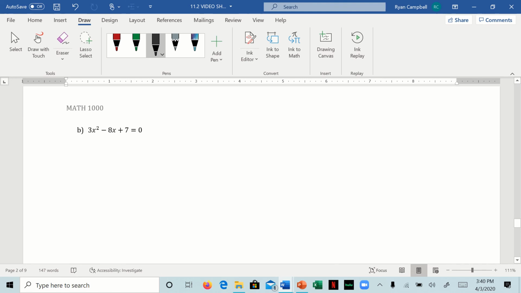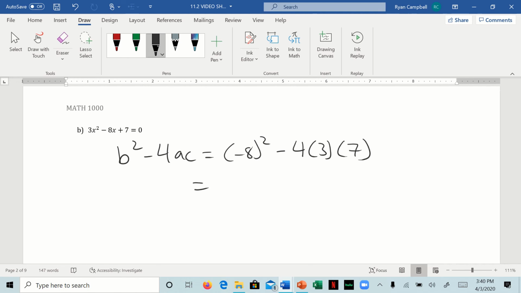All right, let's do this one. b squared minus 4ac. b squared is negative 8 squared, minus 4 times 3 times 7. Negative 8 squared is 64. 4 times 3 is 12, 12 times 7 is 84.